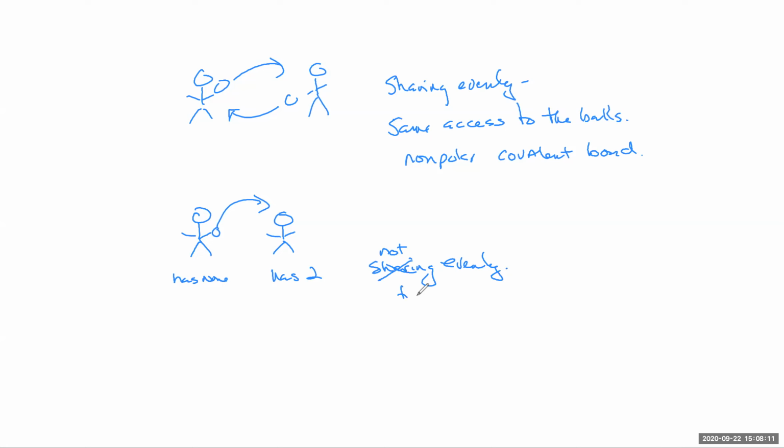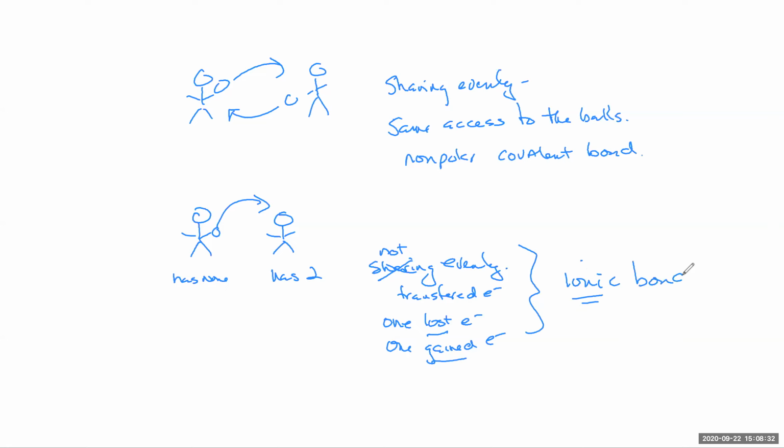In some ways, you could say that they transferred an electron. One lost an electron and one gained an electron. When we're talking about losing and gaining electrons, what type of bond are we describing? An ionic bond. Because this one would now be negative and this one would now be positive.